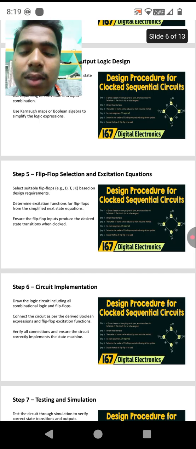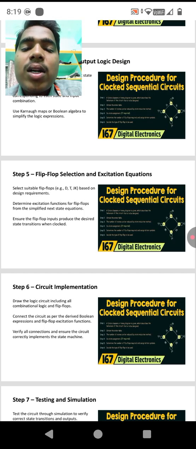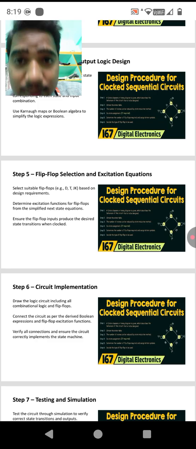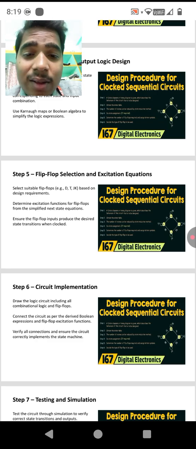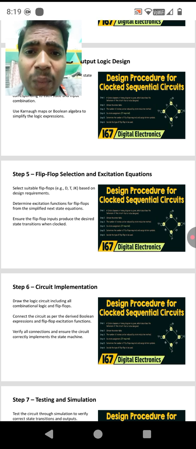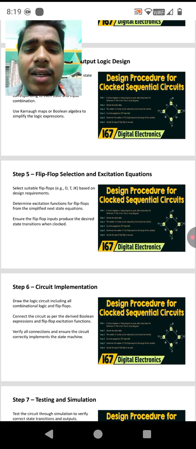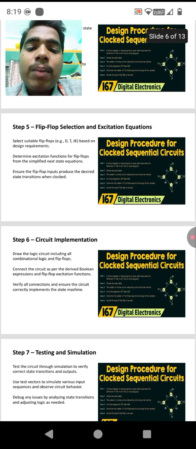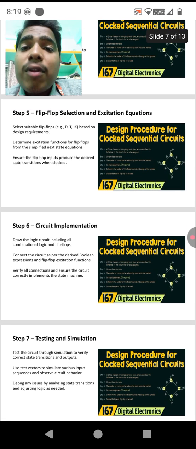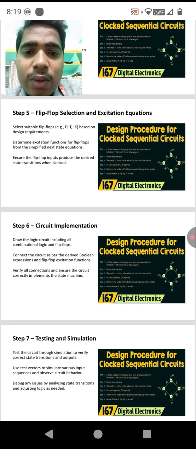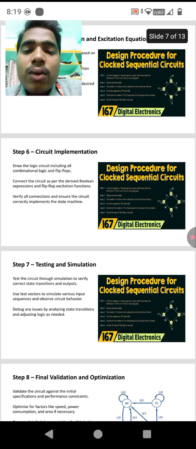To select suitable flip-flops, you use, for example, D flip-flop, T flip-flop, JK flip-flop based on the design requirements, and determine excitation functions for flip-flops from the simplified next state equations. After the flip-flop selection and excitation equations, we go to the next step.